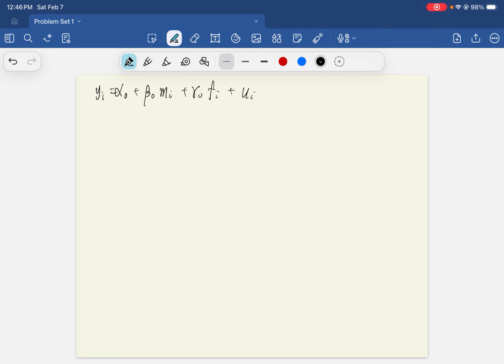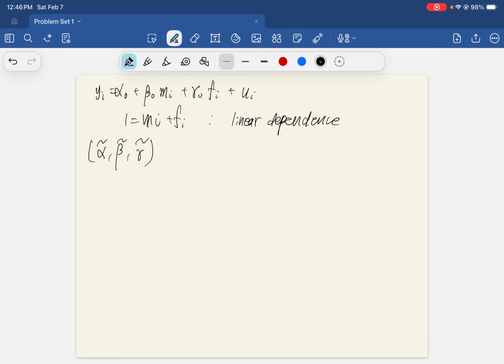You may just say that 1 equals m_i plus f_i, so linear dependence. This is also a reasonable answer, I think. And also you may choose an alternative parameter value that is observationally equivalent. How do we do that?